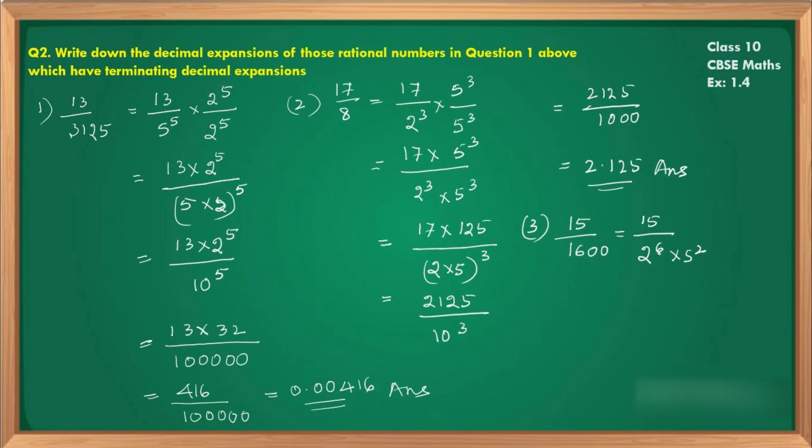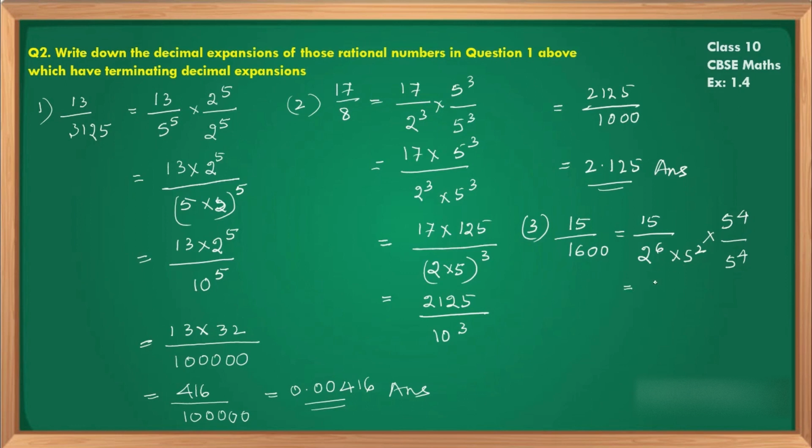We have 6 for 2 and power 2 for 5. Now we have to equalize the exponents. The maximum power here is 6, so we need to add 4 to the power of 5. That we can do by multiplication. We have to multiply 5 to the power 4 on the top as well as the denominator. This will be the way to solve this.